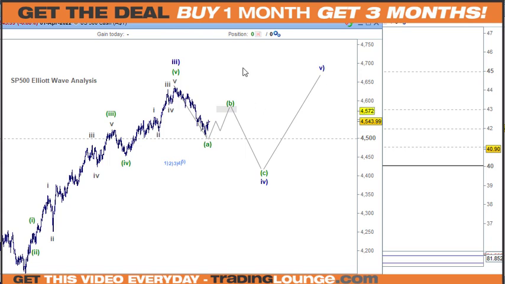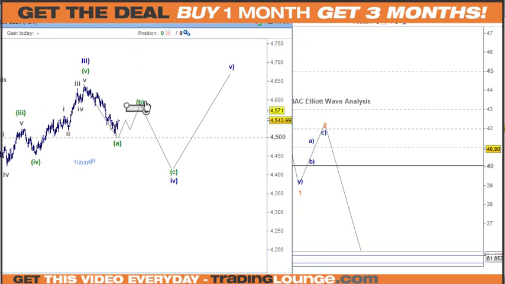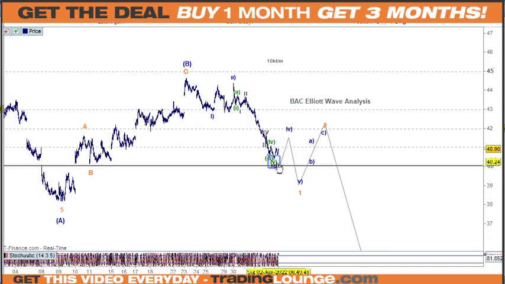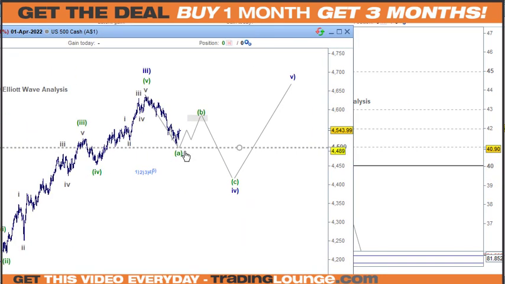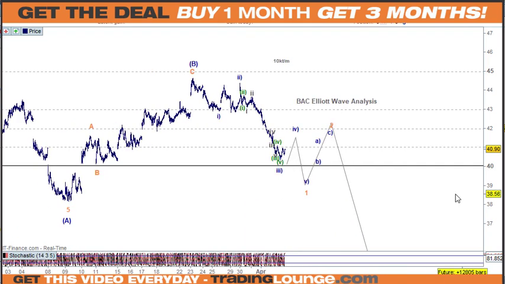That means this little B wave and this move down will be wave 4, if we look at this as wave 1 and 2, and then all the way down for wave 3. So wave 4 and 5 here will give us that wave 1 at that point. So that will be wave 4 and wave 1 for the banks.